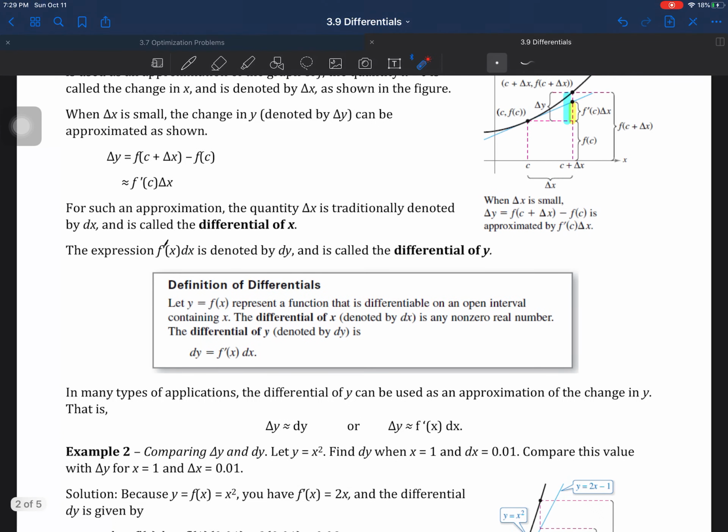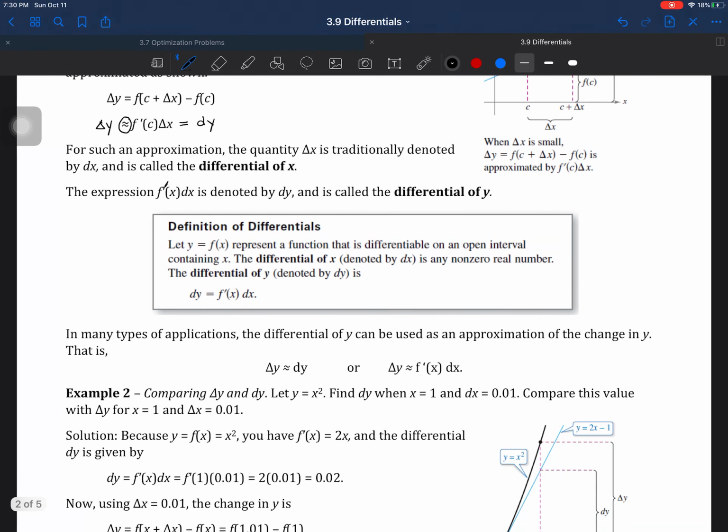Now if you notice, pretty much what we're saying is that this is known as the differential of y. Therefore, the differential of y is approximating the delta y. We're saying that delta x is very small, so that's going to be the same as the differential of x. Those two will be the same.